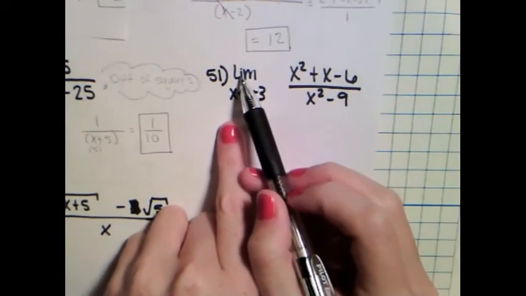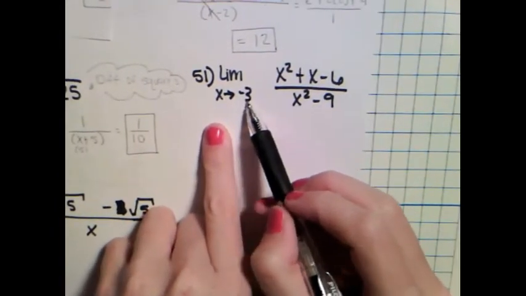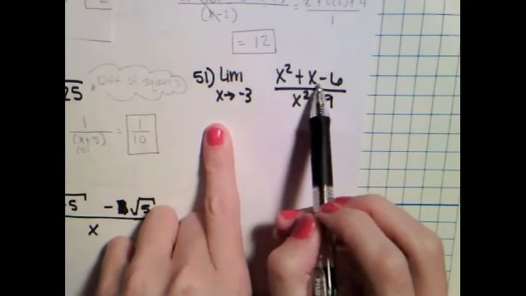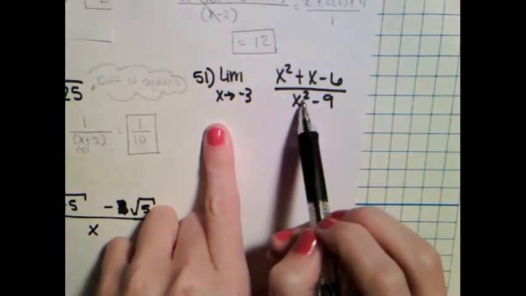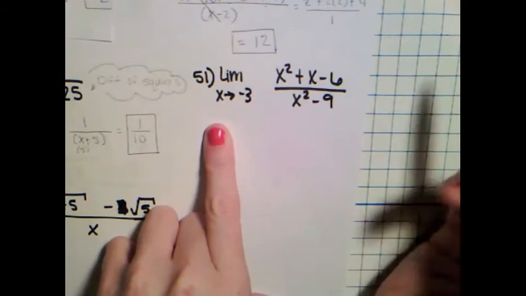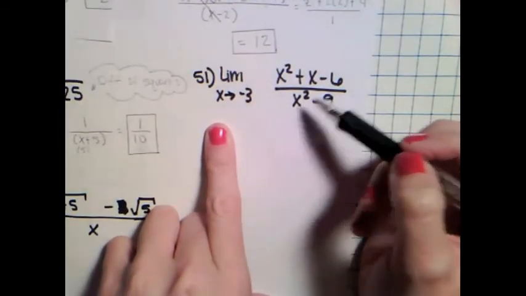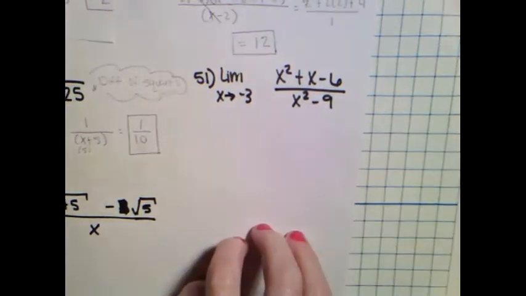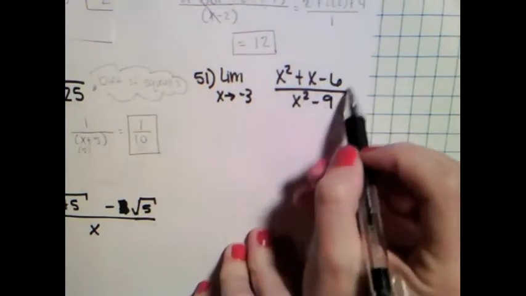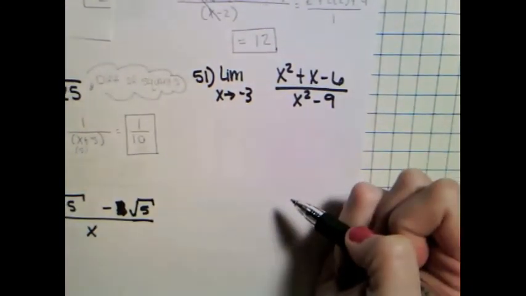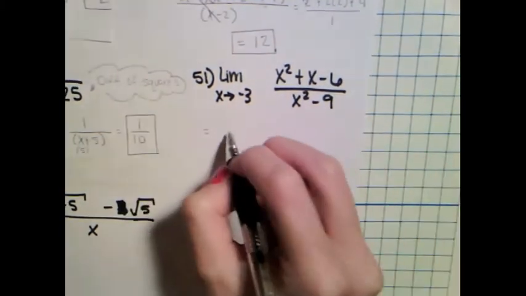51, we're taking the limit as x approaches -3 of x squared plus x minus 6 over x squared minus 9. Of course, if we plug -3 in for x, we're going to end up with 0 in our denominator. So we need to factor this rational function. Look for ways to factor it.